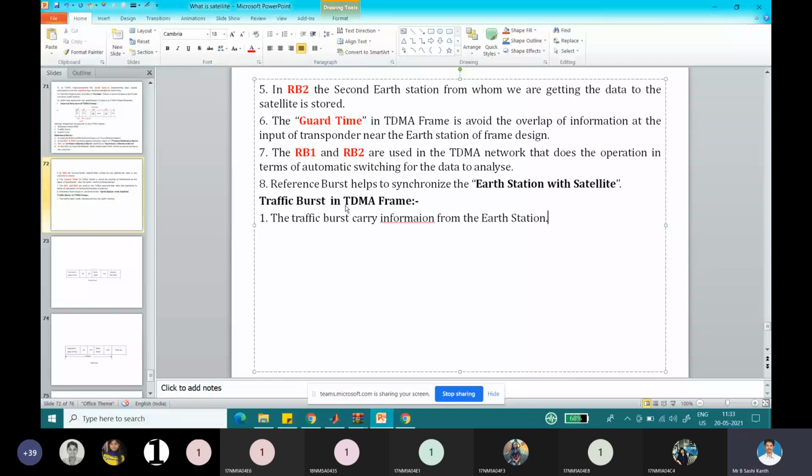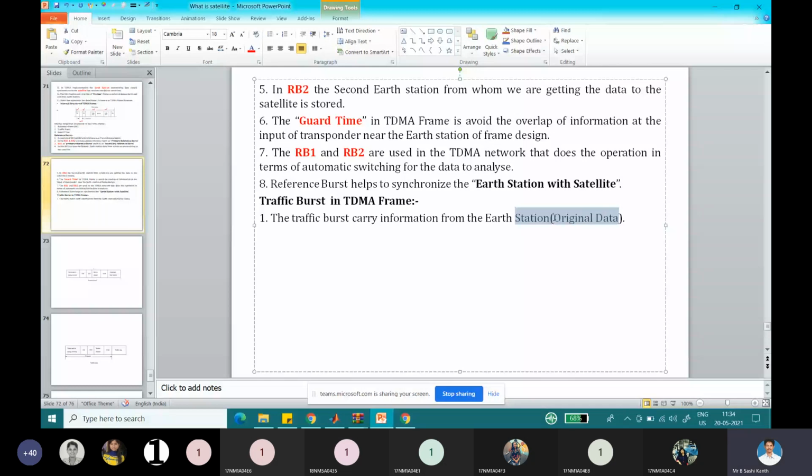So this is the original data. Don't forget that. Original data is nothing but your original information which you want to send.